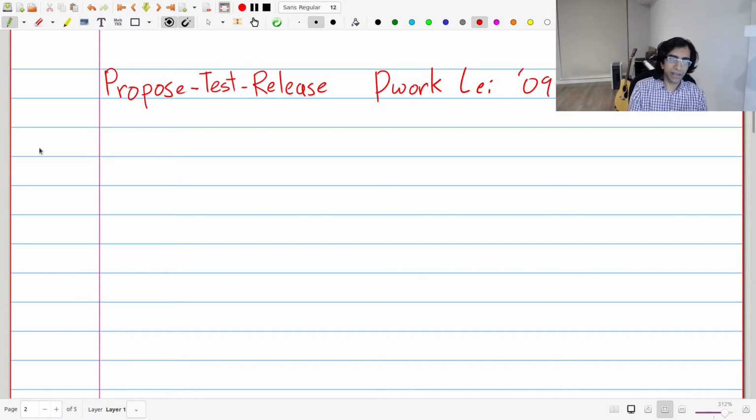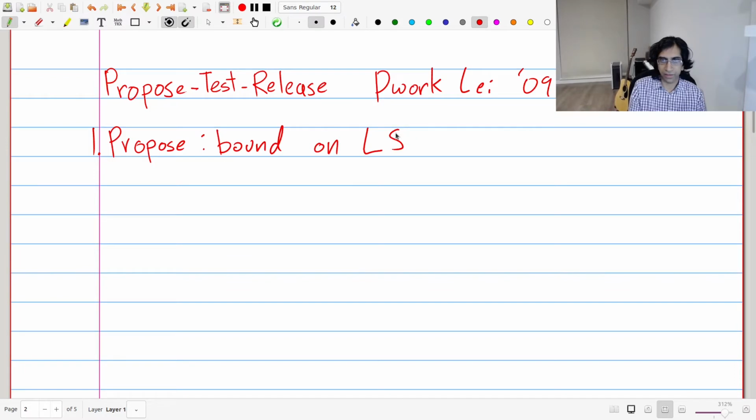So like I said, the name of this is propose-test-release, and what does this mean? Well, there are 3 steps. The first thing is it proposes a bound on the local sensitivity.